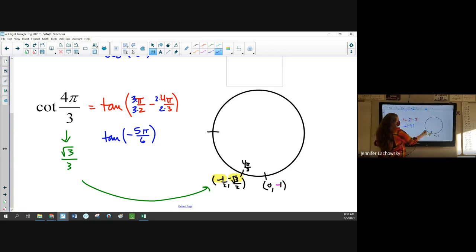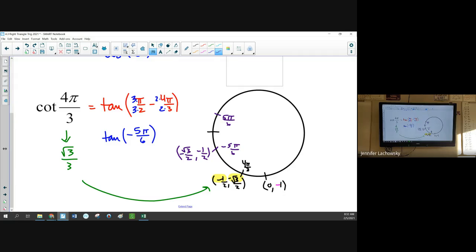That's 7 pi over 6. 5 pi over 6 is right here, so this would be negative 5 pi over 6. And I know the relationship between these coordinate points is that they're just the opposite of each other. Because that one was 1/2 and square root of 3 over 2, this one is square root of 3 over 2 and 1/2. Okay? We're trying to find what of that? Tangent.